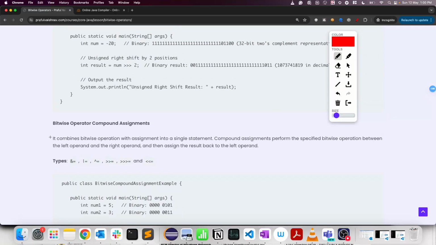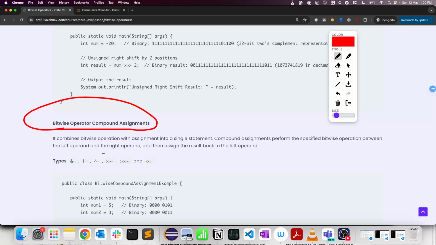And here we also have compound assignments, like we have seen in the arithmetic operators, like this, &= and |=. What does it mean? num &= num2 means num = num & num2.